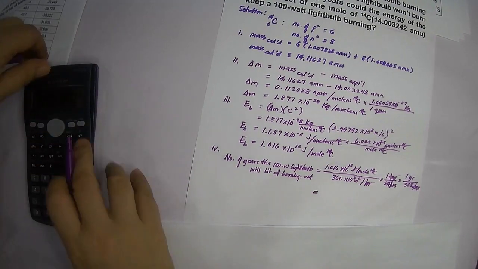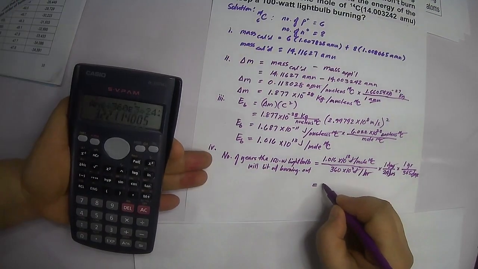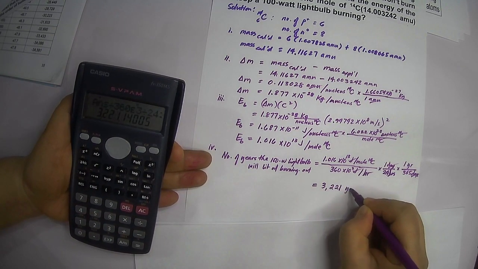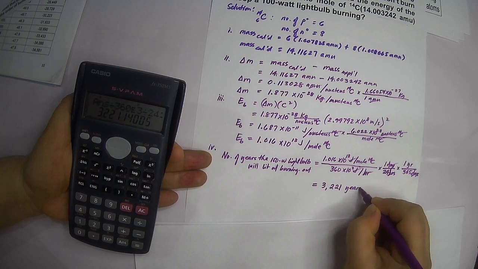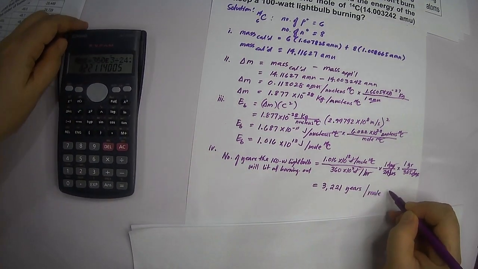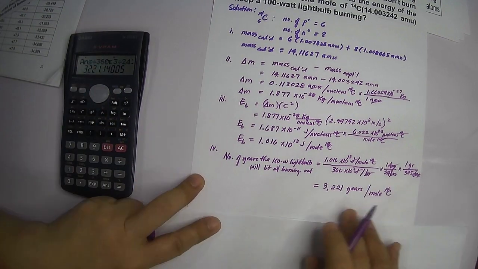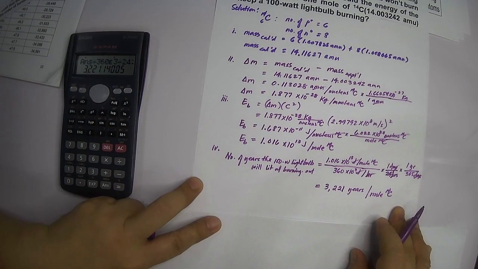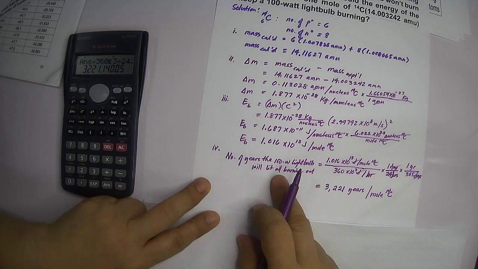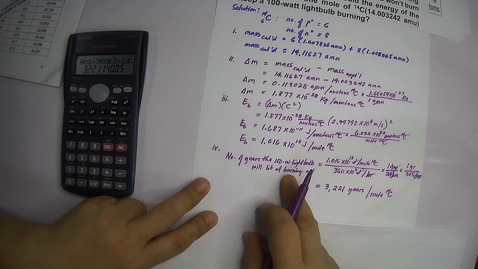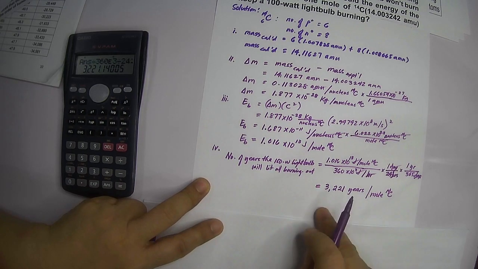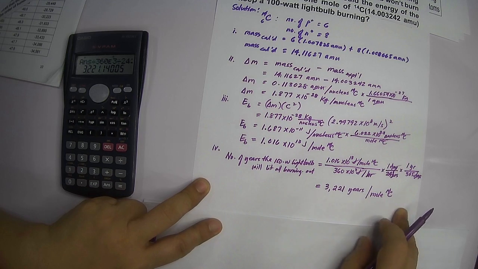That will give you the number of years, which is 3,221 years per mole of carbon 14. This is the number of years that a 100-watt light bulb will be lit, assuming that it won't burn out continuously.